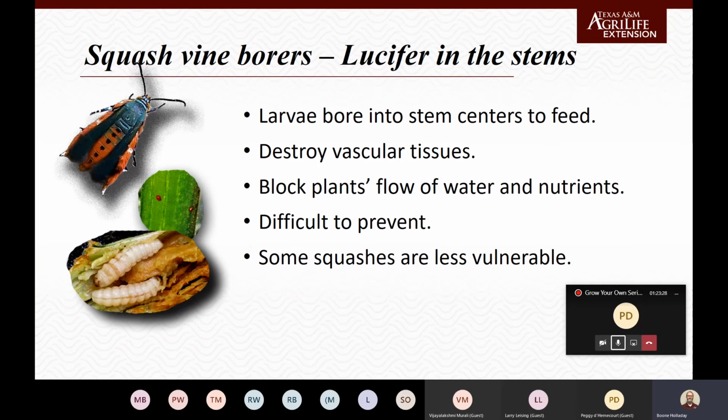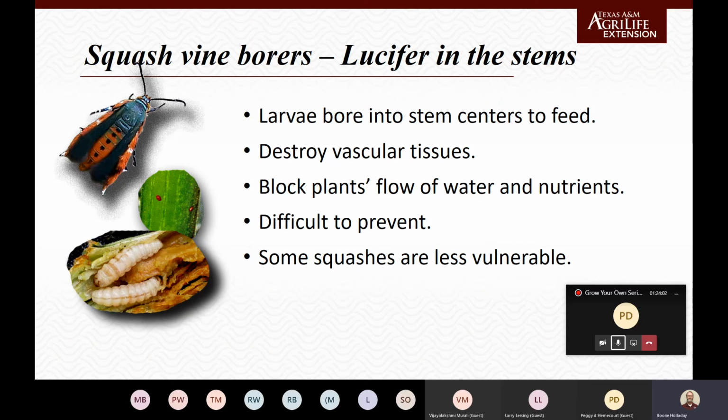Squash vine borers is a huge nuisance for us if we're growing any type of a squash plant that vines in the garden. You can see the big moth here. It's a very beautiful moth. Usually in the evenings, we'll see them fluttering around the garden or sitting on top of the leaves. They deposit eggs onto the plant, usually down by the leaf nodes, and then the larvae, which are these worms here, crawl down into the stem and chew their way through the stem.